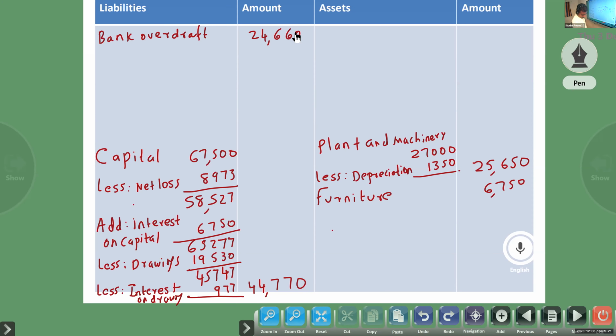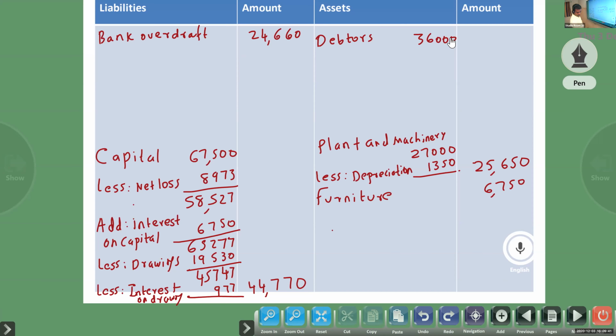Next, debtors. Cash and, not there. Debtors, no. Cash and so debtors 36,000.